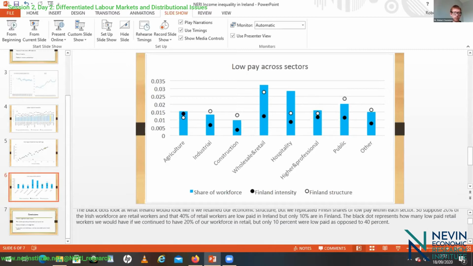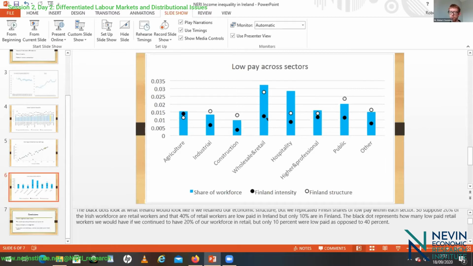So the black dots look at this. So here's hospitality and retail. Suppose that 20% of the Irish workforce are retail workers, and suppose that 40% of Irish retail workers are low paid, but only 10% of Finnish retail workers are low paid.